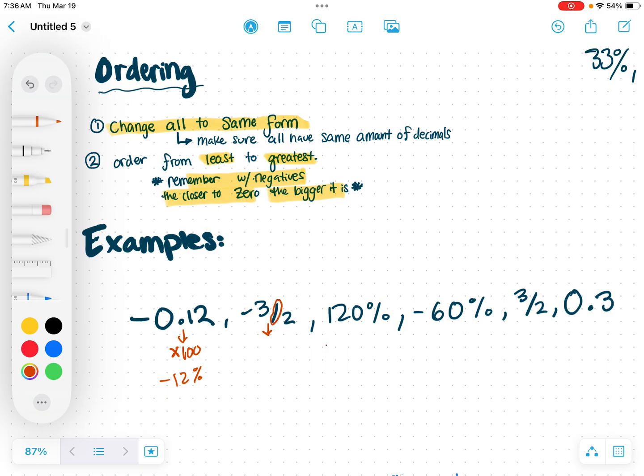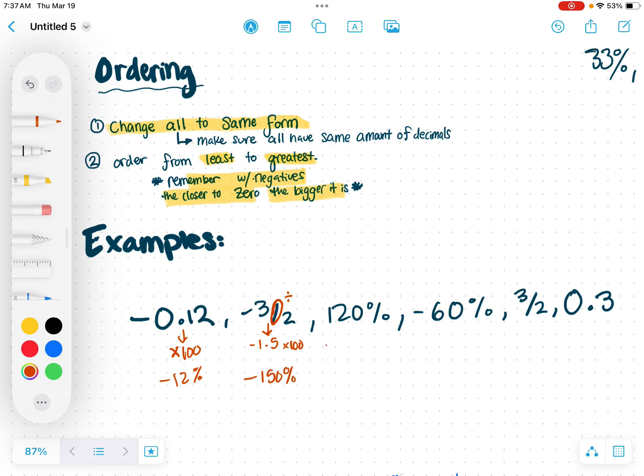How we change a fraction into a decimal is we just divide. Remember, that's what that fraction bar means. So we're going to do negative 3 divided by 2, which will give us negative 1.5. And then we multiply that by 100, and that will give us our percent, which is negative 150%.